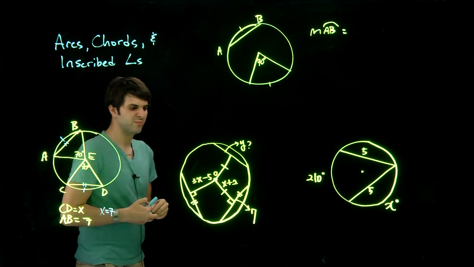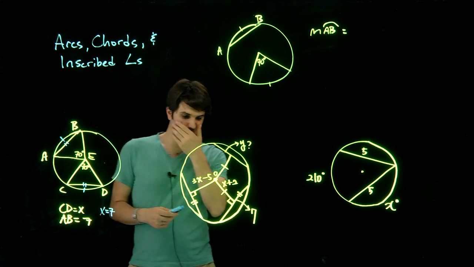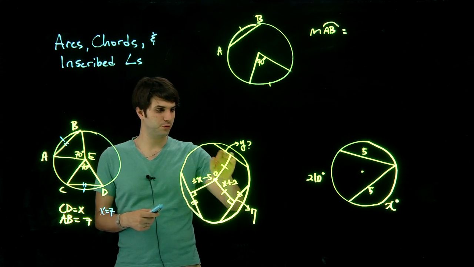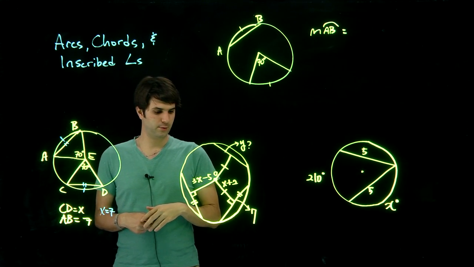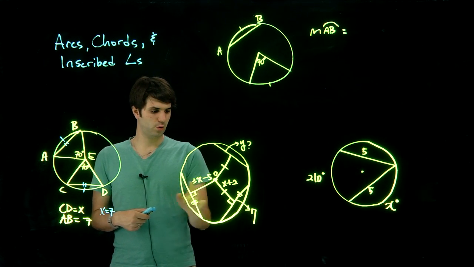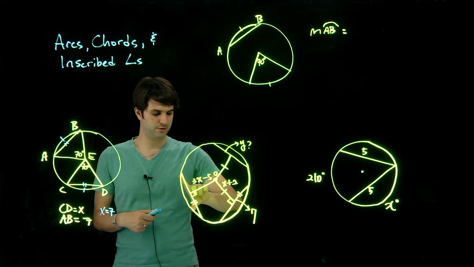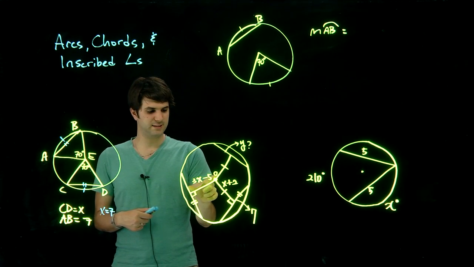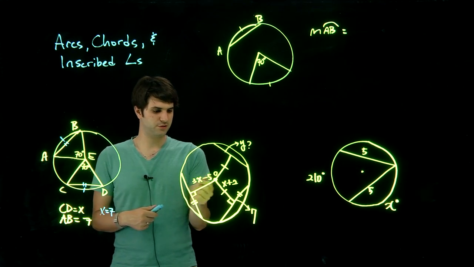Okay. Moving here, we have 3 chords. These 2 chords are congruent, and the distances from the center are 3x minus 5 and x plus 2.